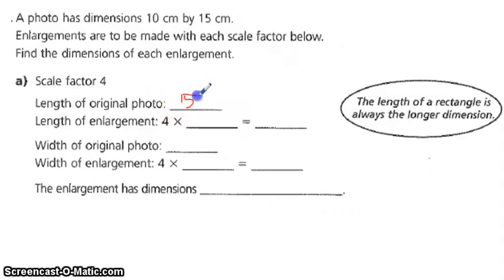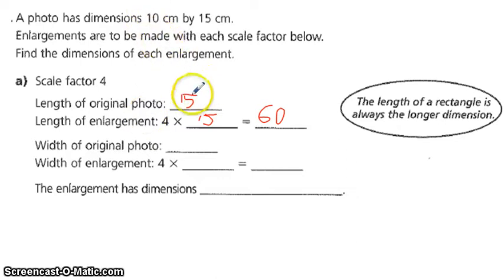If we're blowing it up, making it bigger, we're going to multiply that by 4 because that's our scale factor. So 4 times 15 gives us 60 centimeters for the length of the enlargement. The width, you just do the exact same thing.